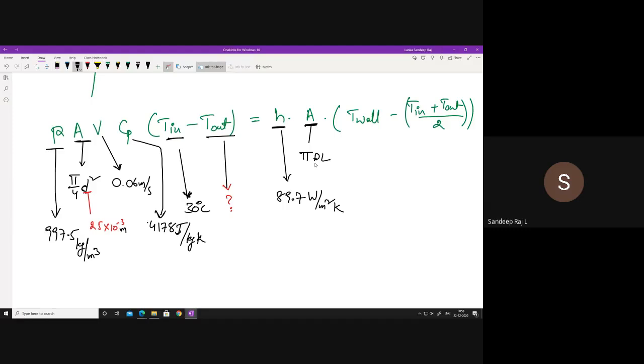So the d value is given to you here. The d value is 25 into 10 to the power of minus 3 meters.